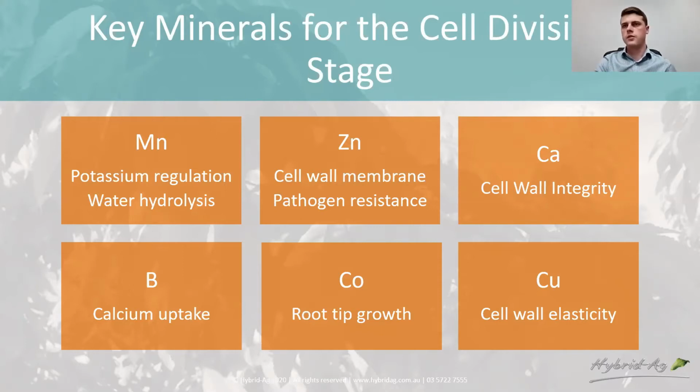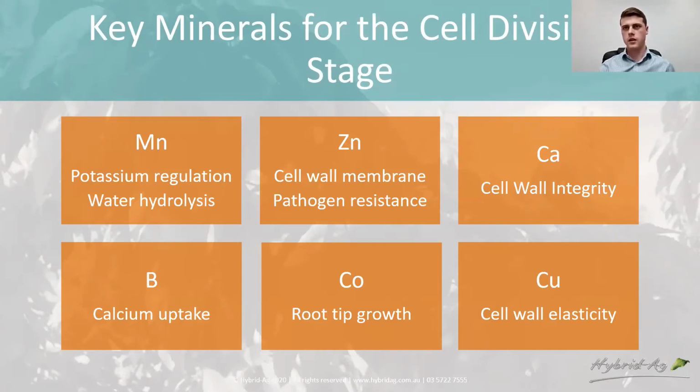With cell division, one of the first ones is manganese, a trace element. Its key role during this stage is in the regulation of potassium, or any of the cations, but potassium particularly, in the sap flow. We understand that calcium and potassium have an antagonistic relationship, and if we have too much potassium available in the sap during this period, we end up with a deficiency of calcium in the fruit.